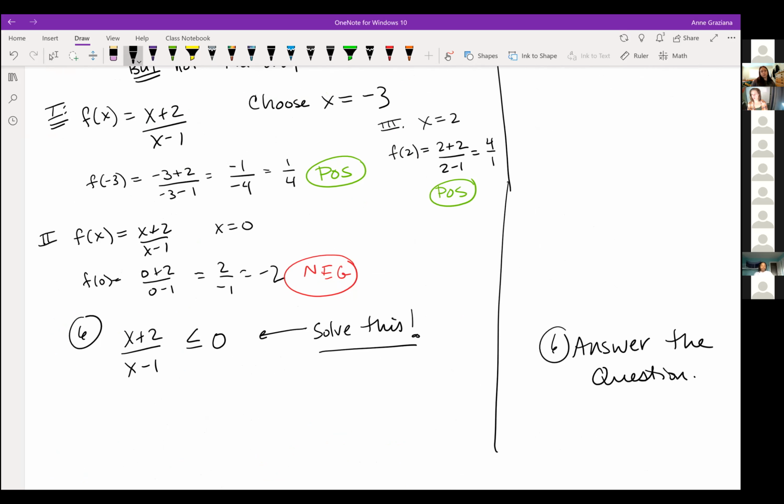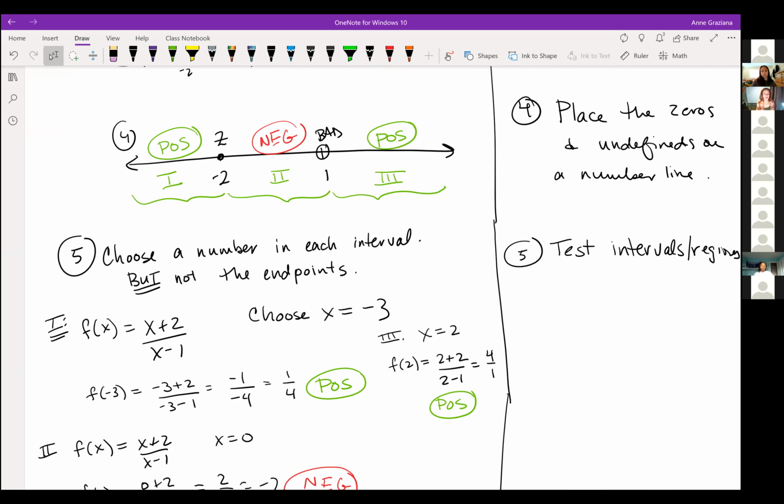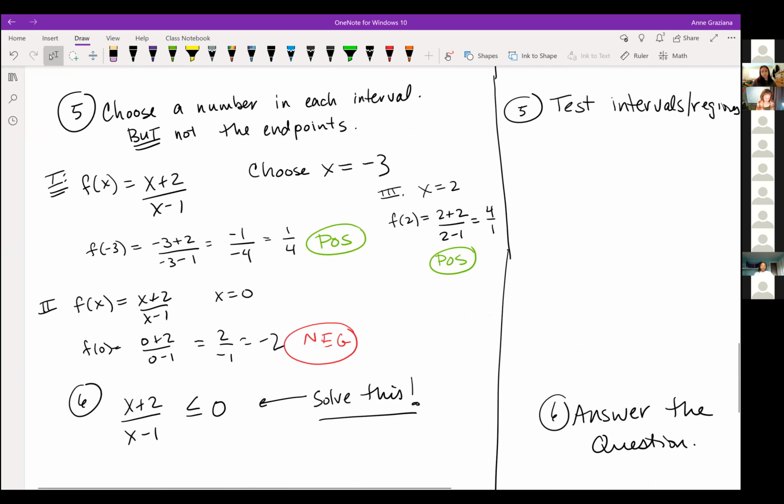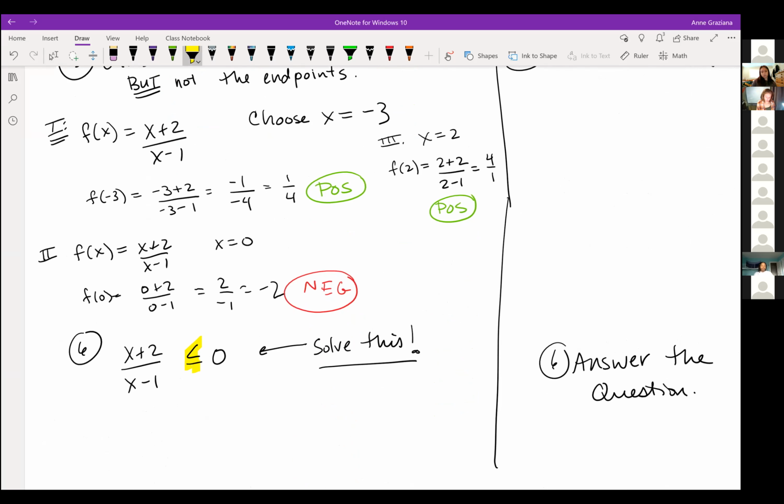Any questions about that? All right, so what's my answer? When is this less than 0? Which region do we pick? Region 2, yeah, from -2 to 1. Now, do I include -2? This does include zeros, right? Because there's an equals.